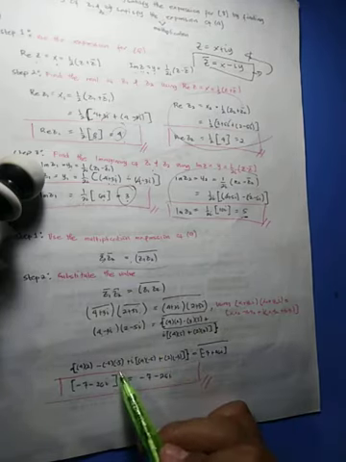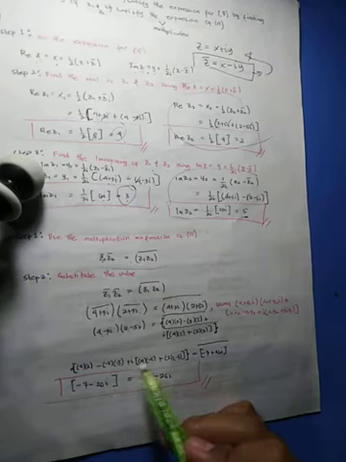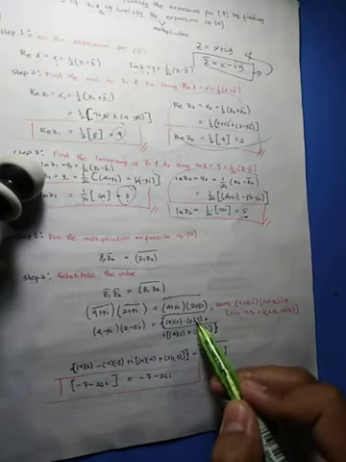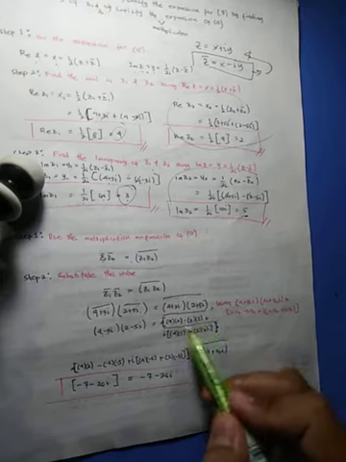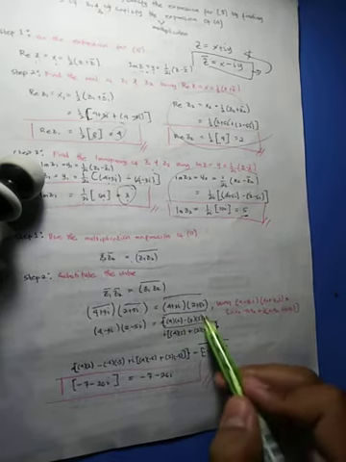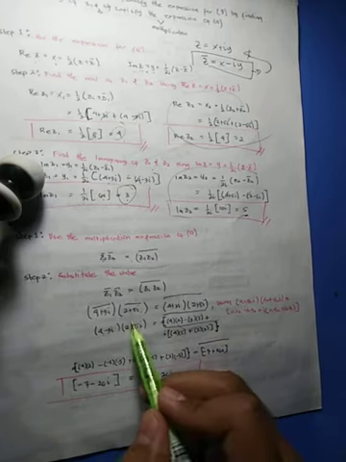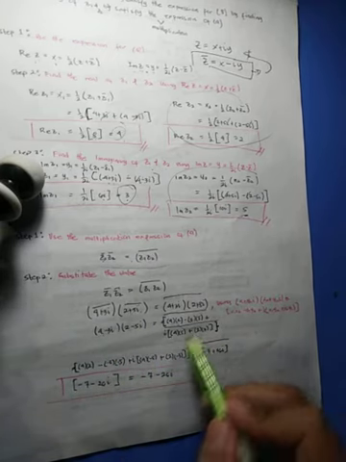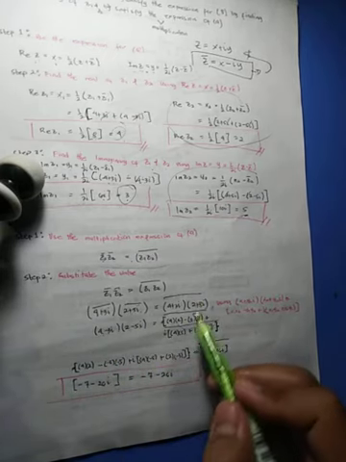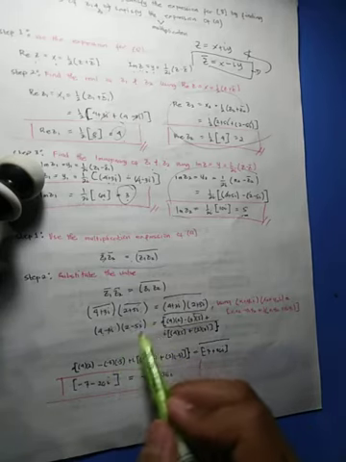So ang gagawin nyo is perform this multiplication here, kasi na-multiply naman natin itong dalawang to. So i-multiply natin ito ulit.